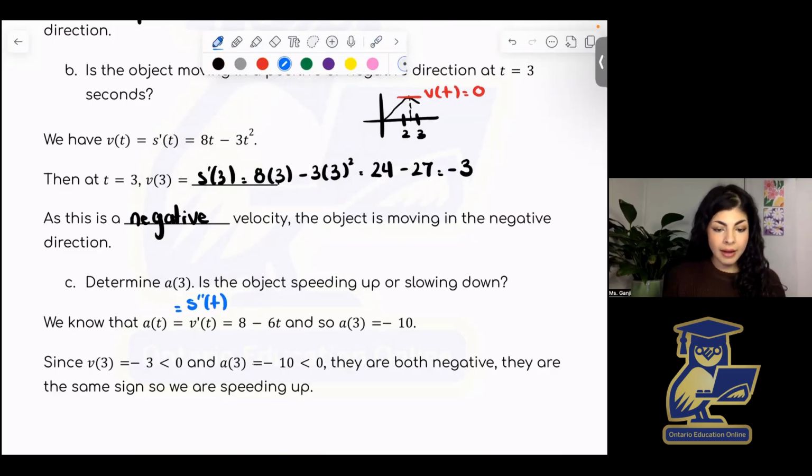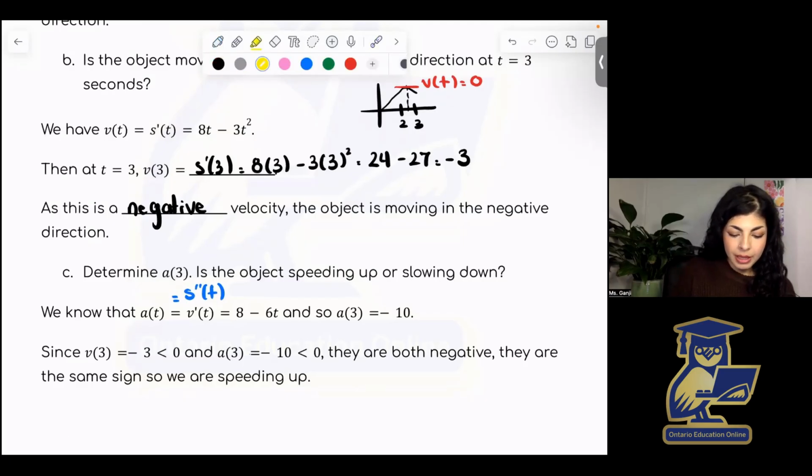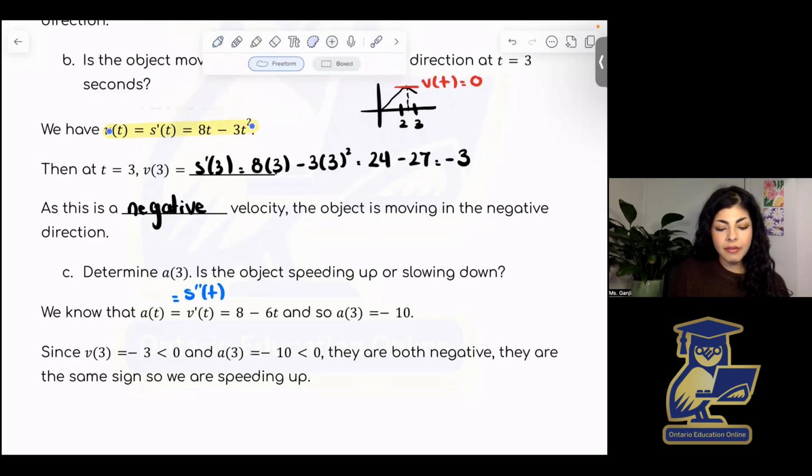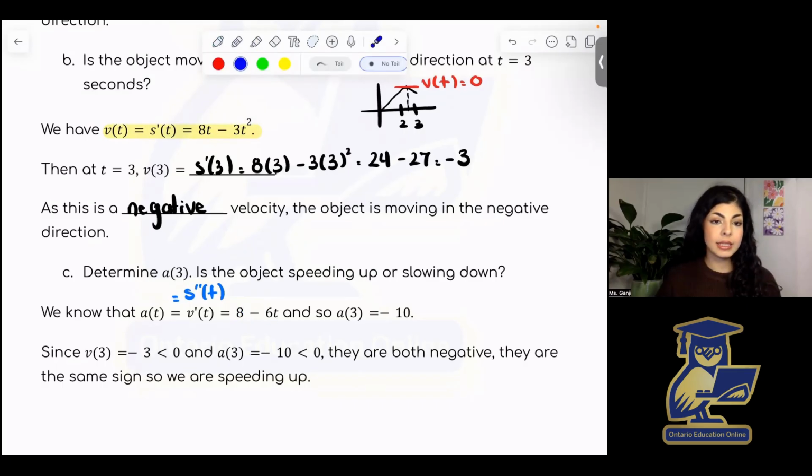But since we already had v of t from up here, then all I'm doing is finding the derivative of 8t minus 3t squared. And that was actually pretty simple. We just have 8 minus 6t. The 6 comes from the 3 and the 2. And at time 3, a of 3 is negative 10.